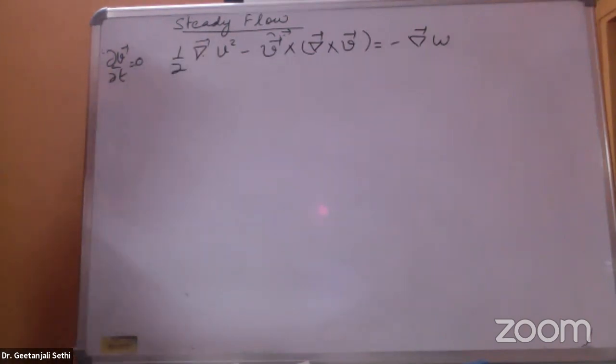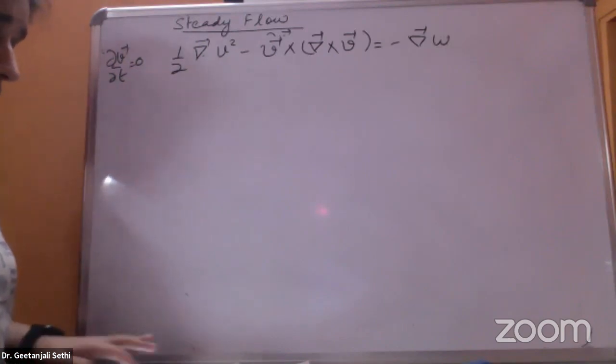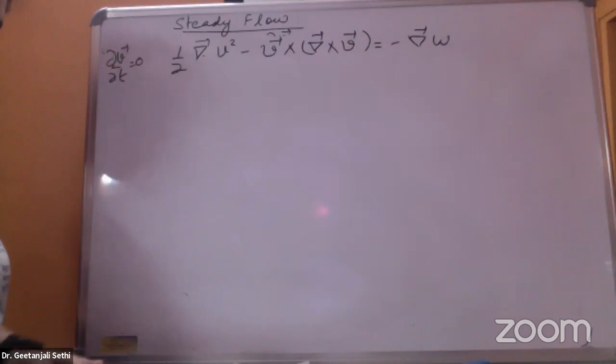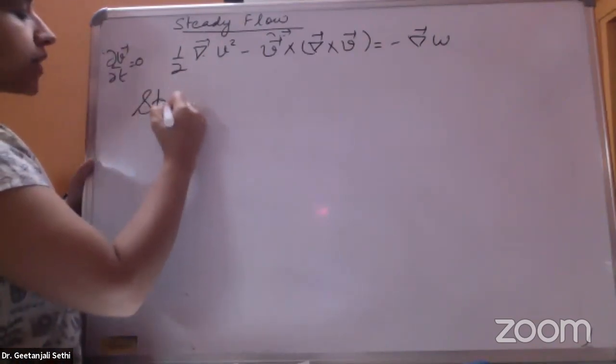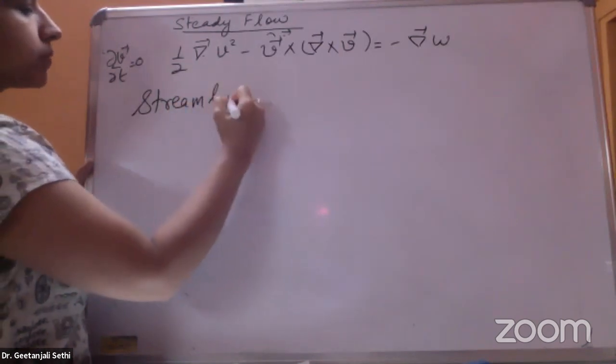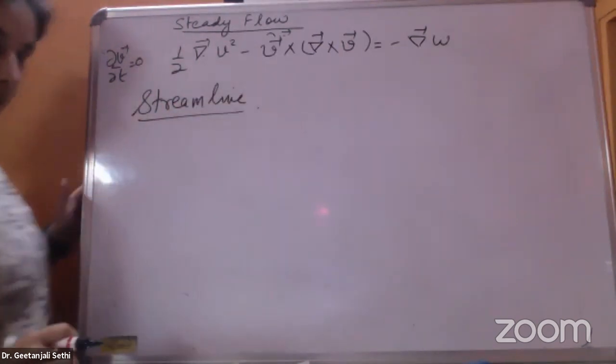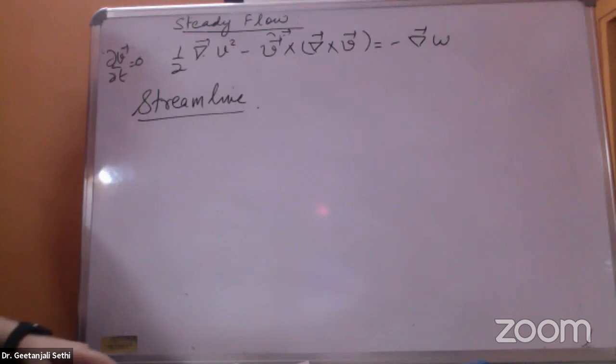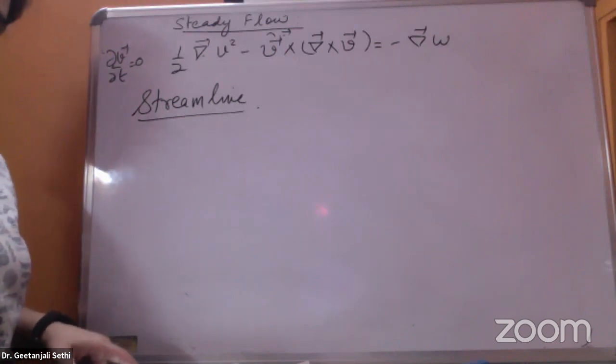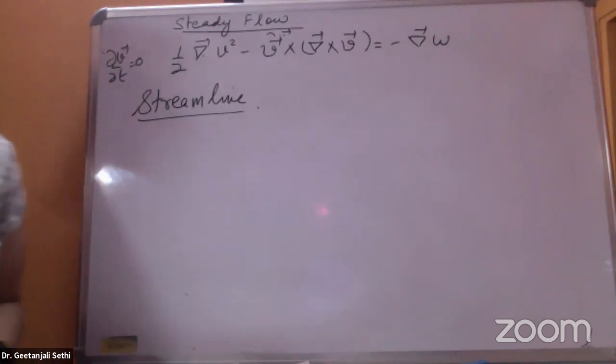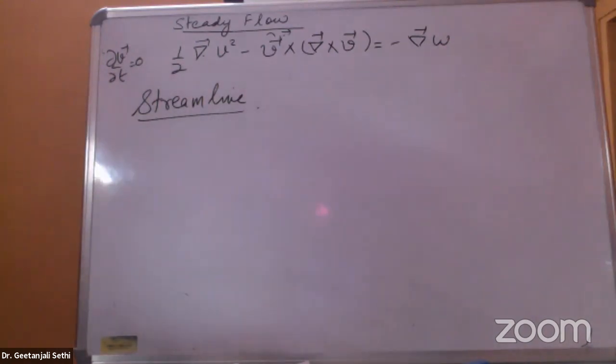Now, before I go further ahead with this equation, there is something that I want you to understand. There's a term that we often use in fluid dynamics, which is called a streamline, right? Now, there are ways to represent fields.